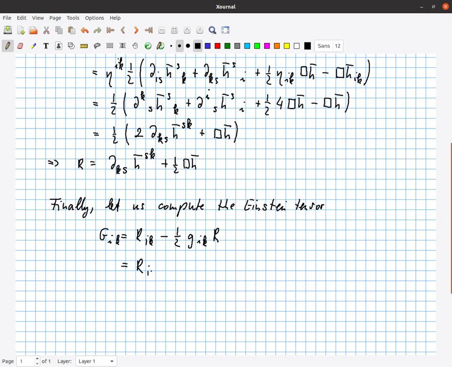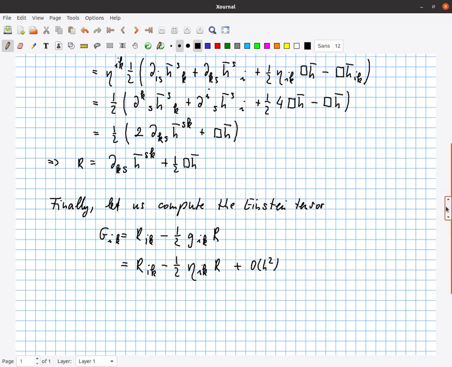Therefore, we can immediately write here a half eta_ik R plus higher order terms. And as you know, I leave this out most of the time in this section because we are just looking at the linearization anyway.